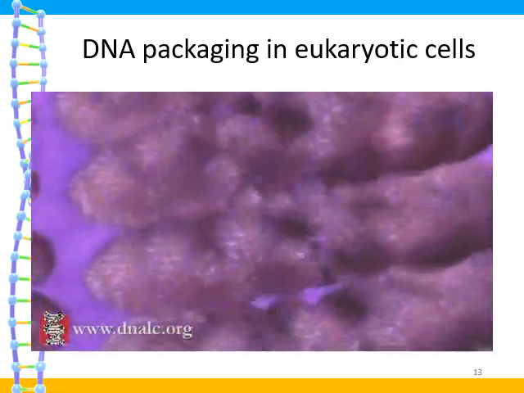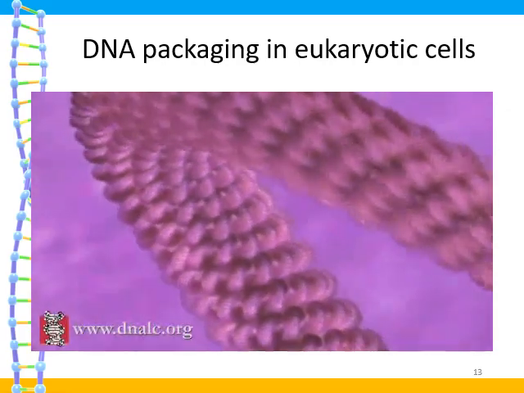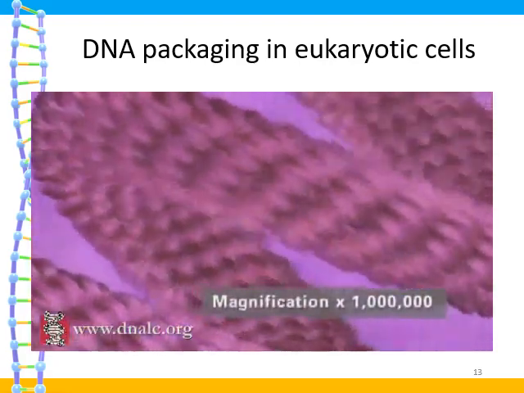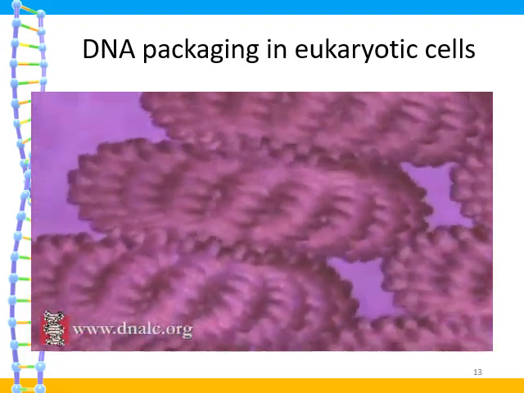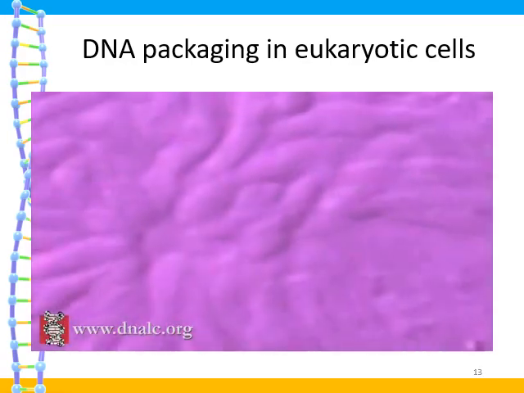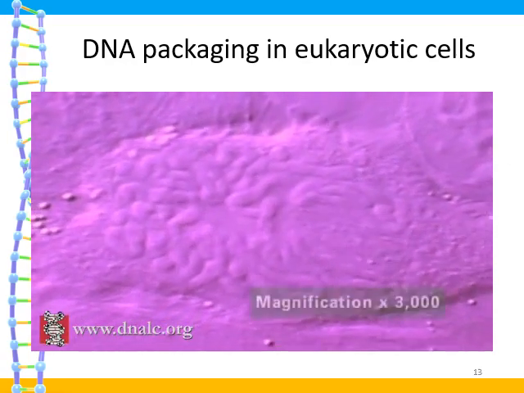And you can see there's a huge structure, but very, very organized. And again, we have some extra helix structure, which at last makes up these chromosomes, which are the most compact form of the DNA inside the eukaryotic cell.